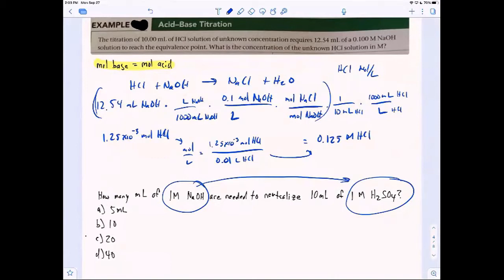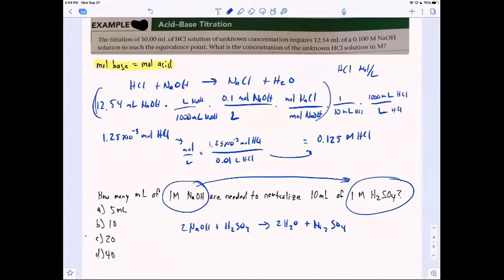But there is a sneaky part to this, because it's 2 NaOH plus H2SO4 makes 2 waters plus sodium sulfate.